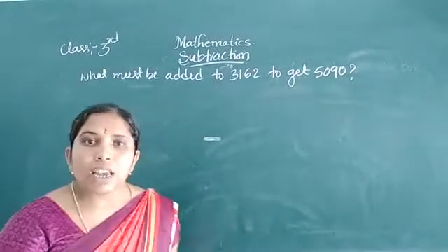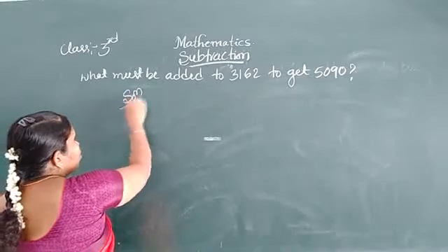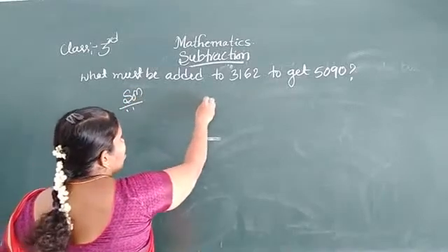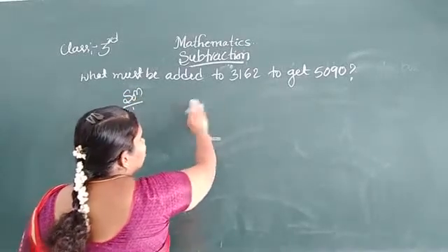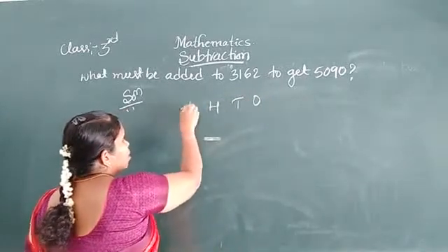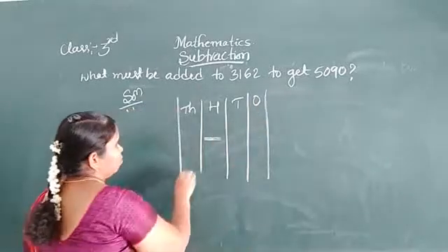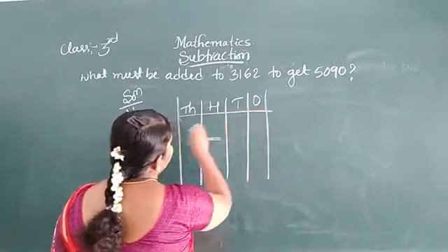That means here we want to do subtraction. See here, ones, tens, hundred, thousand. So do subtraction here.